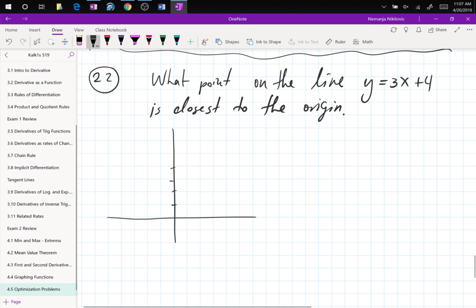So to understand this, we draw 1, 2, 3, 4, 3 units down, 1 unit over. So this is the linear line.